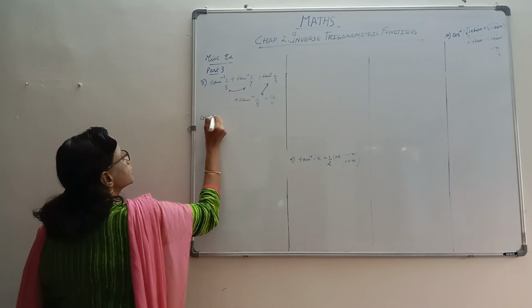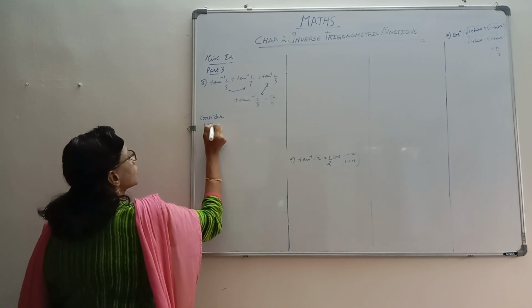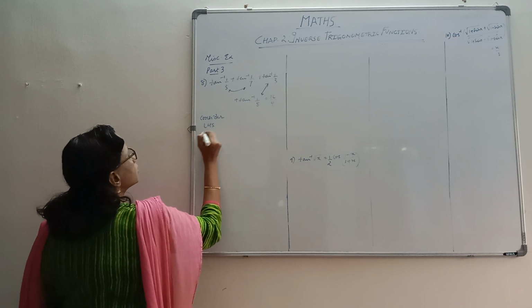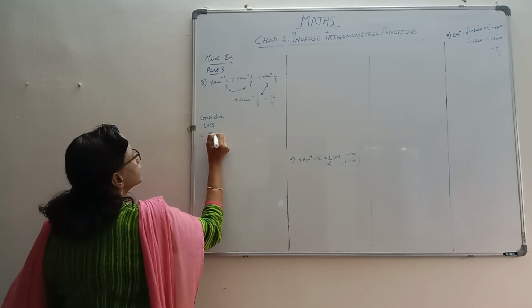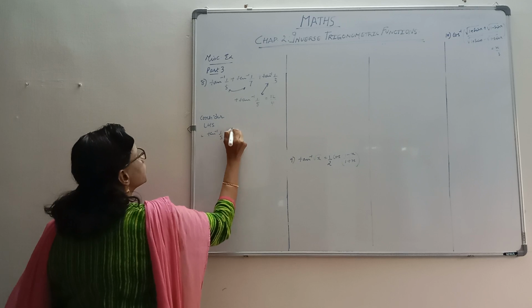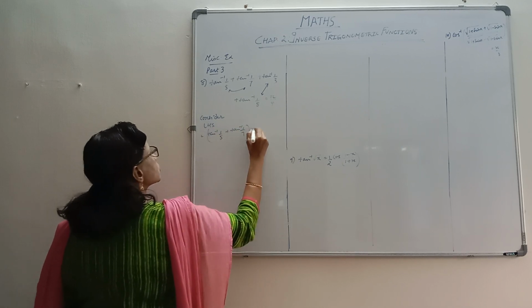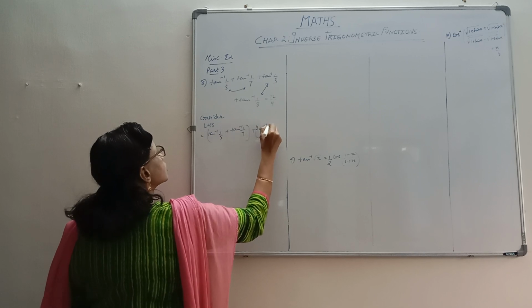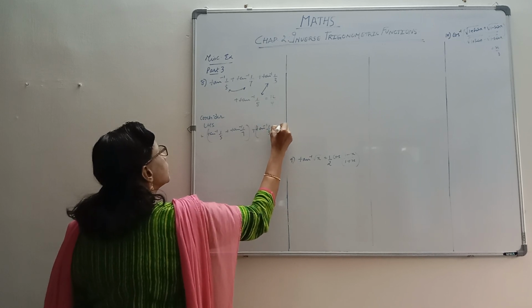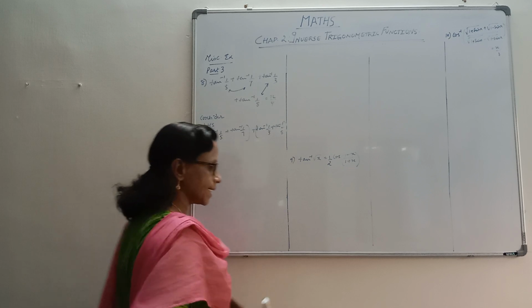Consider the LHS. Here first we are clubbing tan inverse of 1 by 5 plus tan inverse of 1 by 7, and we are also clubbing tan inverse of 1 by 3 plus tan inverse of 1 by 8.